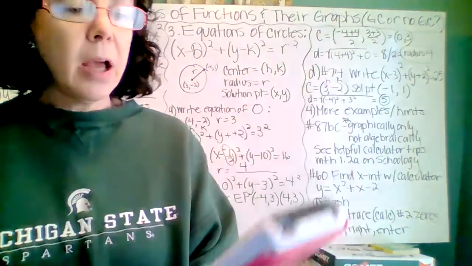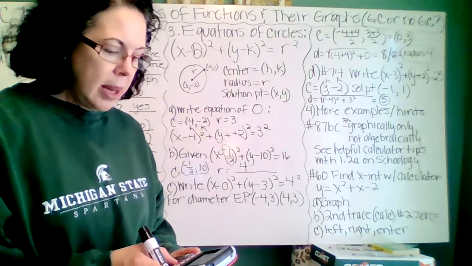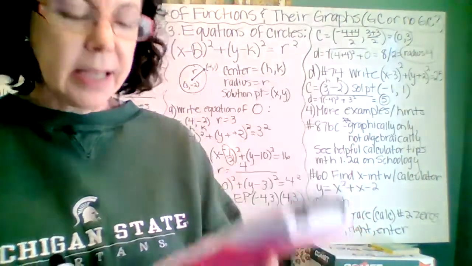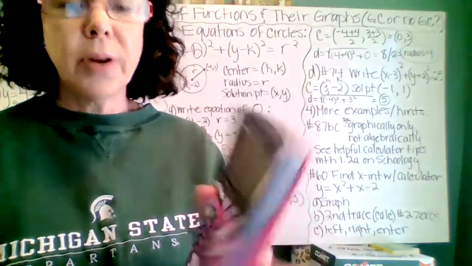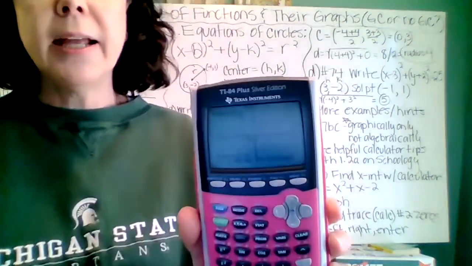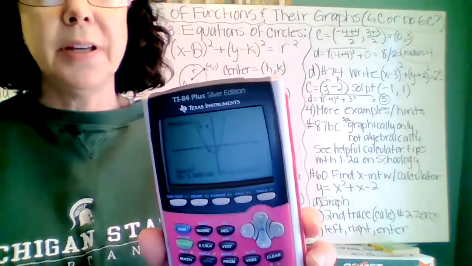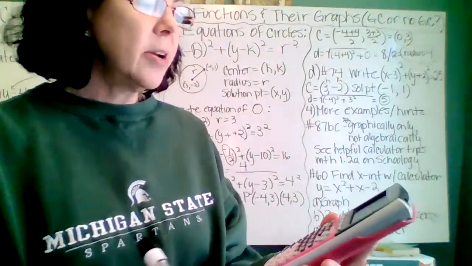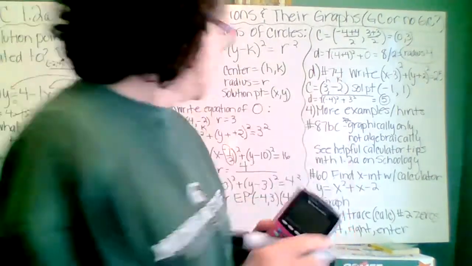So for the leftmost point, I'm going to cursor until I'm to the left of that point, and hit enter to let the calculator know. Then it asks me to go to the right, so I cursor to the right and hit enter. Then it asks if you want to make a guess. You don't need to because you are super close to that x-intercept. You hit enter and it goes right there for you. That in fact was a -2.